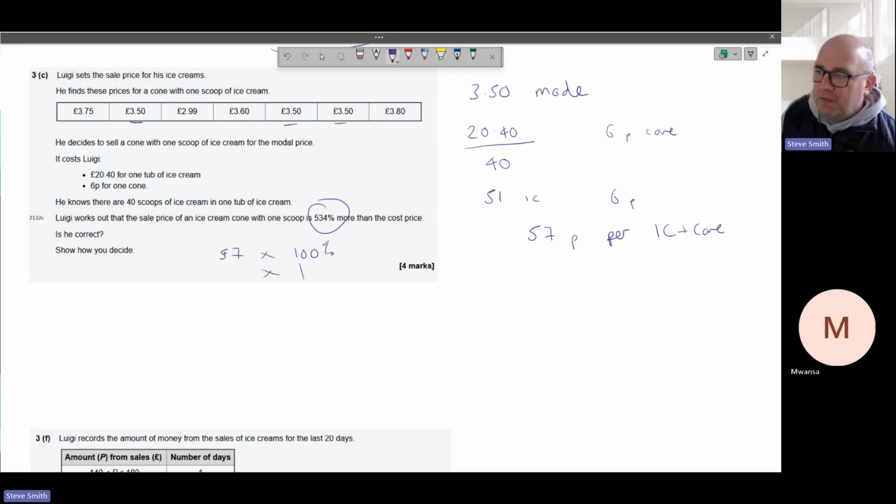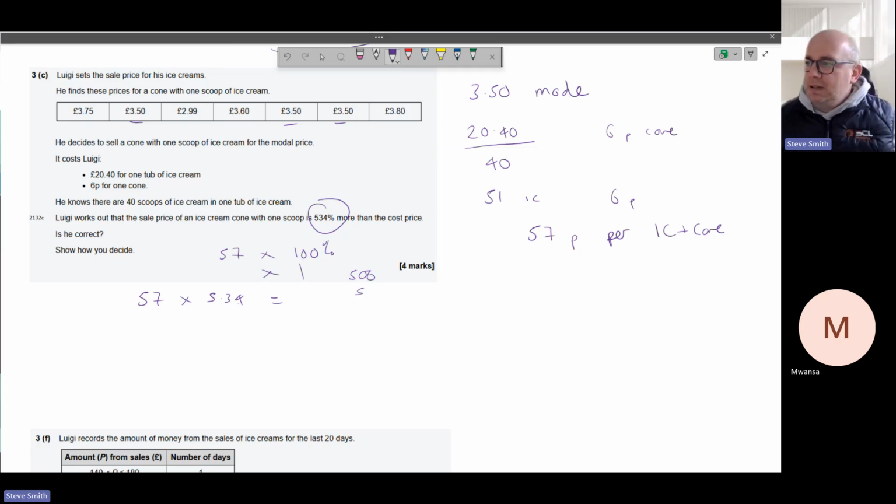It's asking me what 100% of that value is. So I've got 57 times by 534. So if 100% is worth 1, 500% is worth 5, and my 34 is worth, like you have in normal percentages, 0.34. So 5.34. So that is timesing a number by 534%. I've changed it to a decimal and it's now become 5.34.